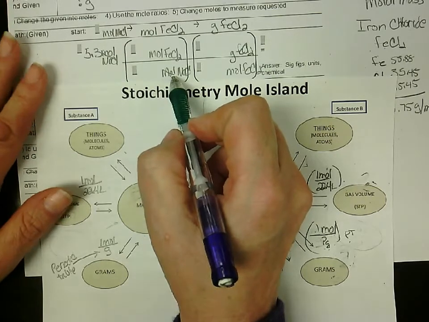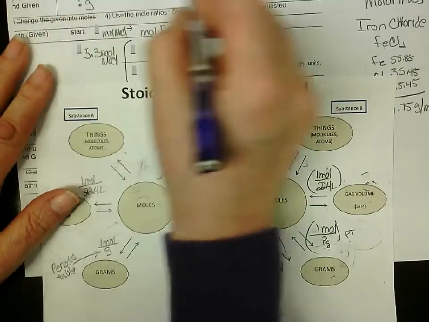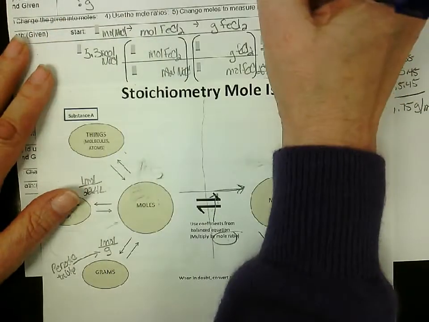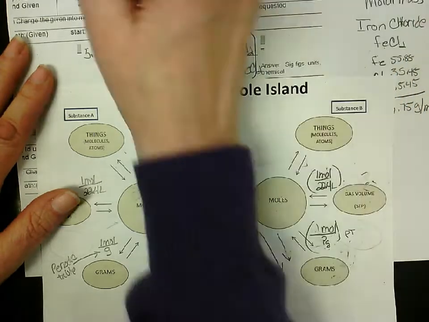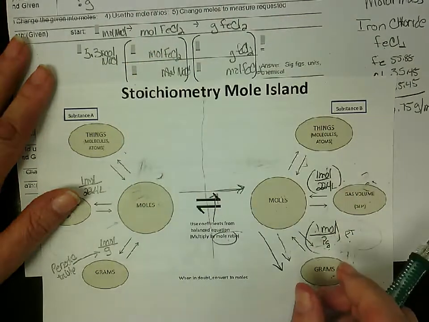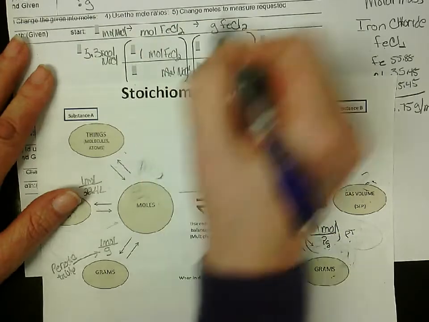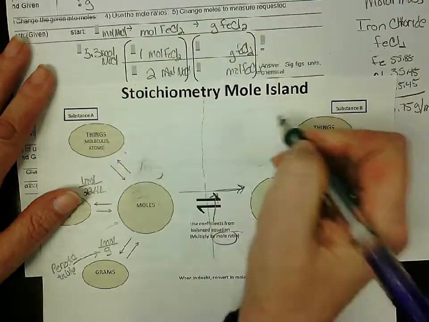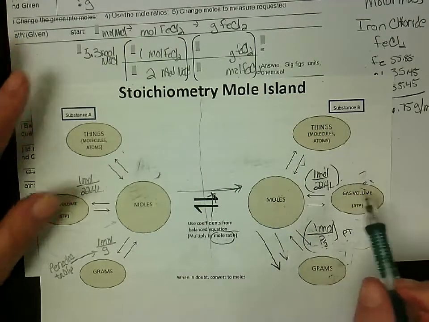Okay, so mole to mole ratio, where do we get those numbers? From the balanced equation. And oh, I haven't balanced it yet, so let's see. 1 iron, 2 chlorines, 2 chlorines, and then 2 sodiums, and that gives me 2 hydroxides, so now I am balanced. So FeCl2 is 1, sodium chloride is 2. And now I have my gram to mole conversions.